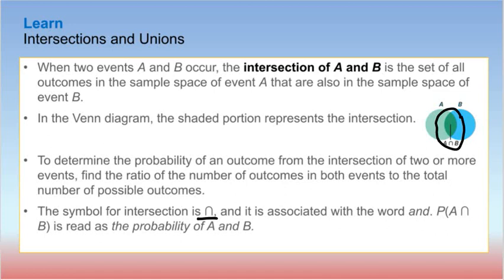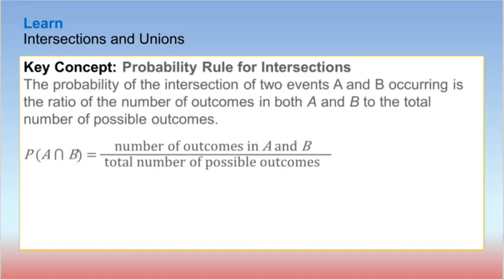So we would read this as the probability of event A intersecting with event B, or the probability of A and B. Probability rule for intersections: again, take the number of outcomes that are in A and B divided by the total number of outcomes.